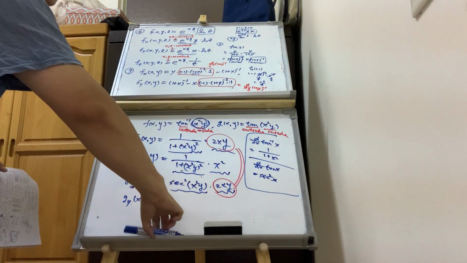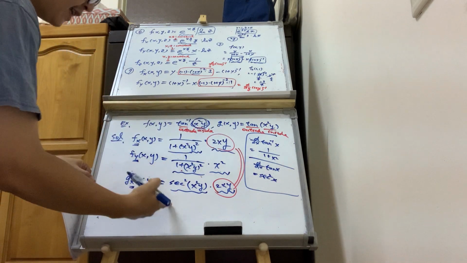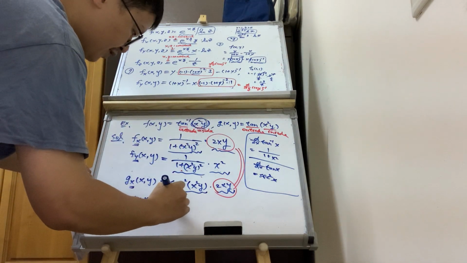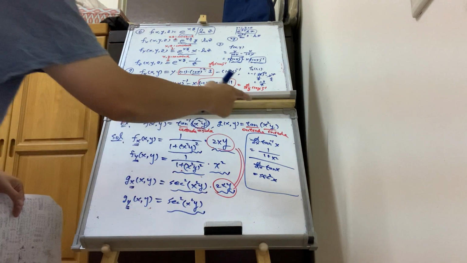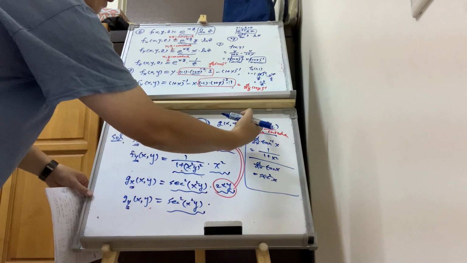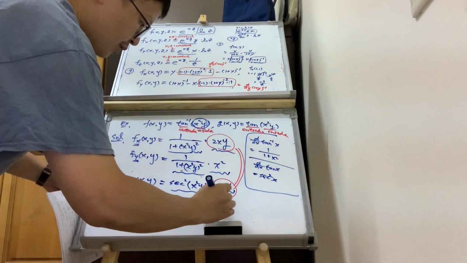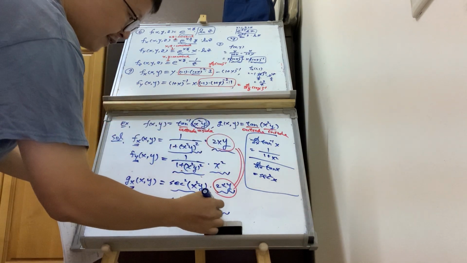And the secant squared tangent, and then if the variable is y, the first term, tangent's derivative, is secant squared, so the first term is the same. And for the inside function's derivative, our variable is y, so x squared is a constant, keep the constant x squared, and y's derivative is 1, so just this term.